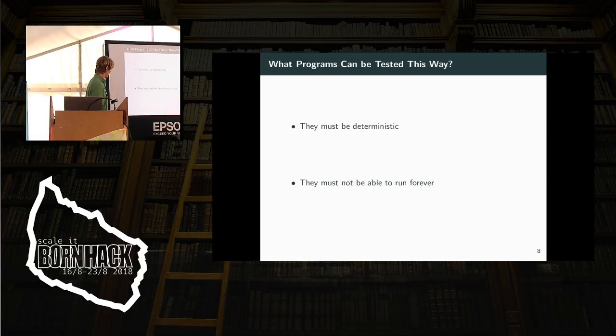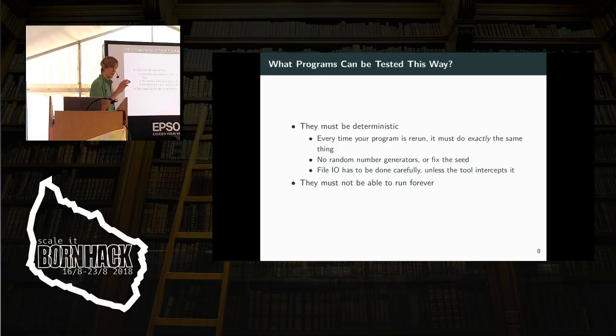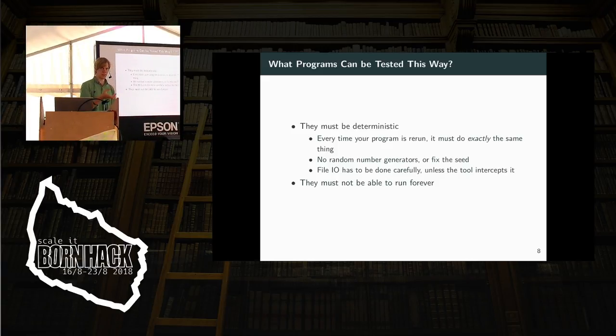The first limit is that the input program, the unit test, must be deterministic. So what that means is that every time Nidhugg reruns your program, it must do the exact same thing it did the first time. So you're not allowed to look at what the time is and branch on that, like a random number generator would do.